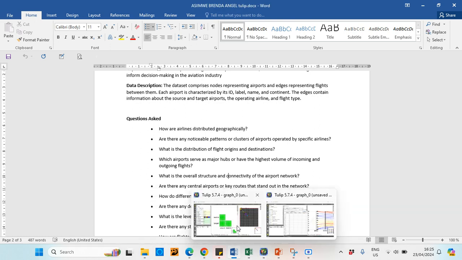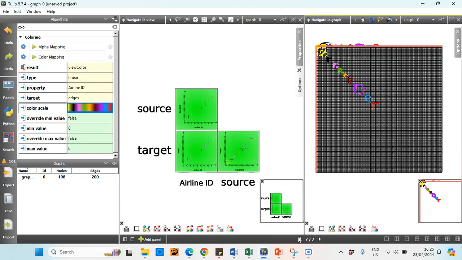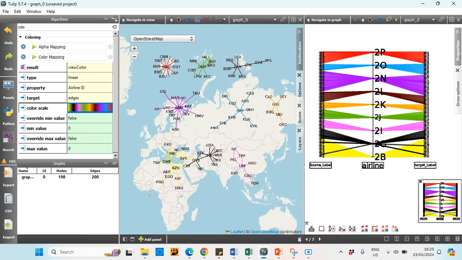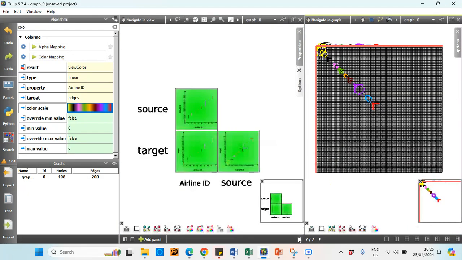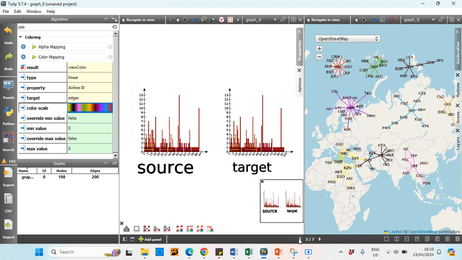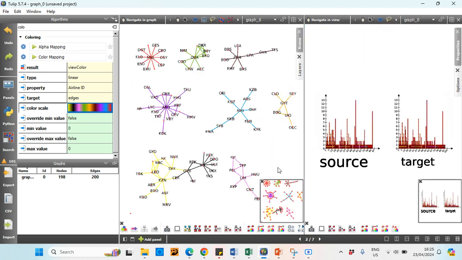This is the graph. These are the graphs I managed to come up with when I imported the data. So I think we shall start here. When I imported the data, it created these nodes for me. I had to change their color according to the airlines, which is why I told you I had to give the airlines unique IDs.